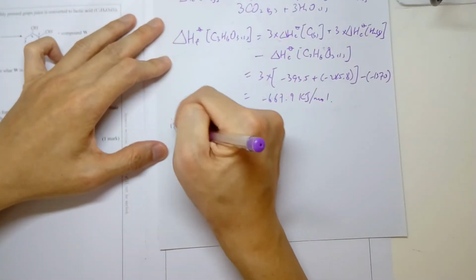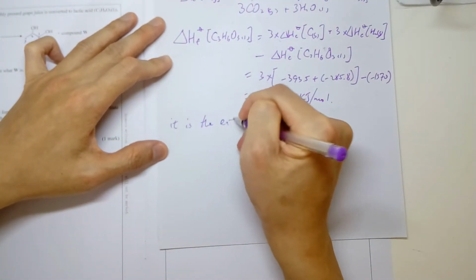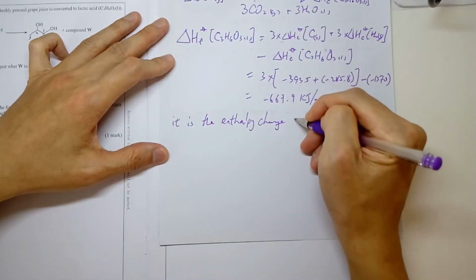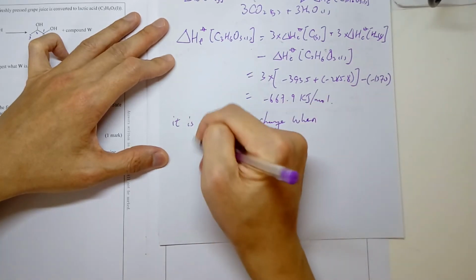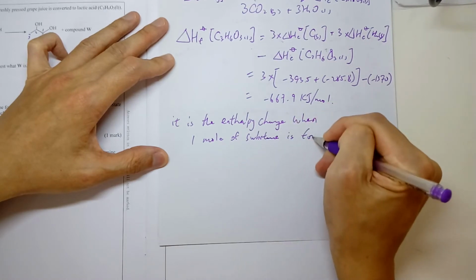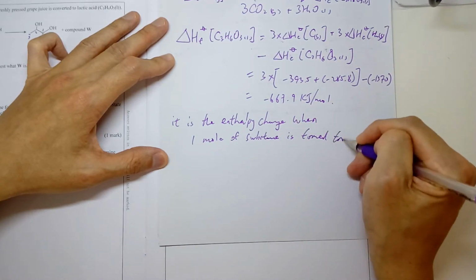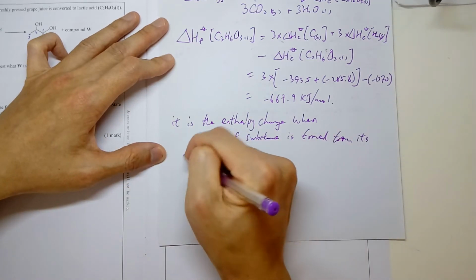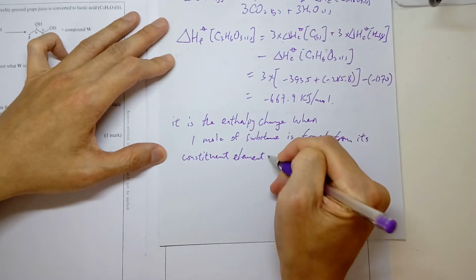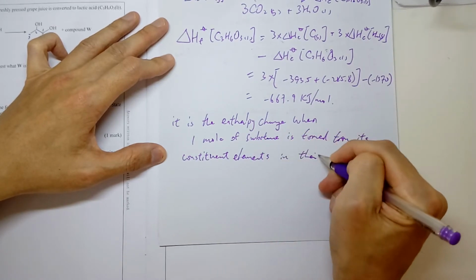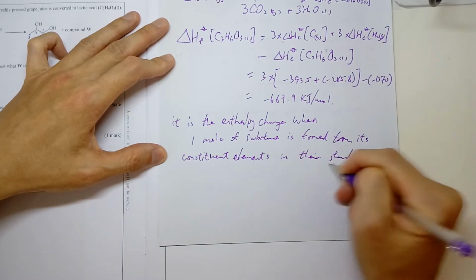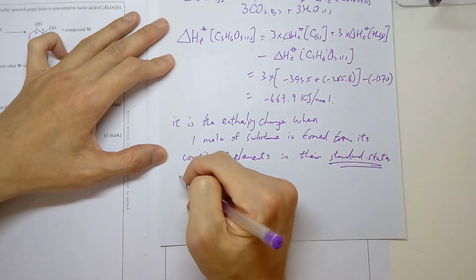This is the enthalpy change when, now this is a keyword, 1 mole of substance is formed from its constituent elements in their standard states. Many of you have forgotten this.